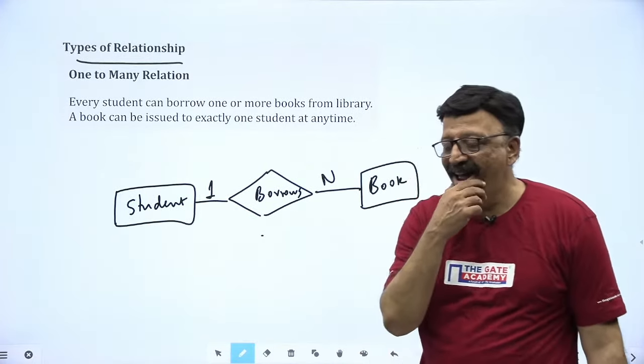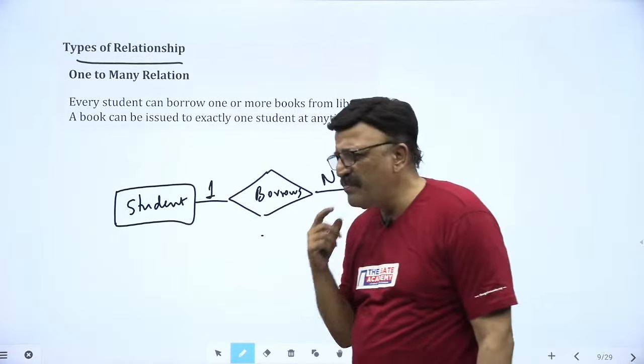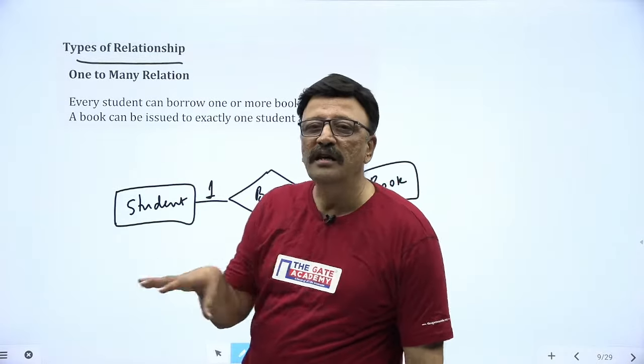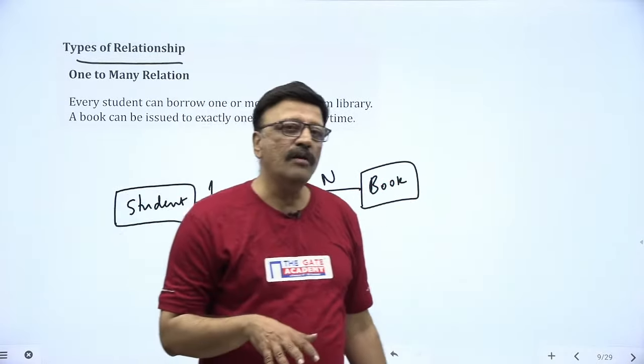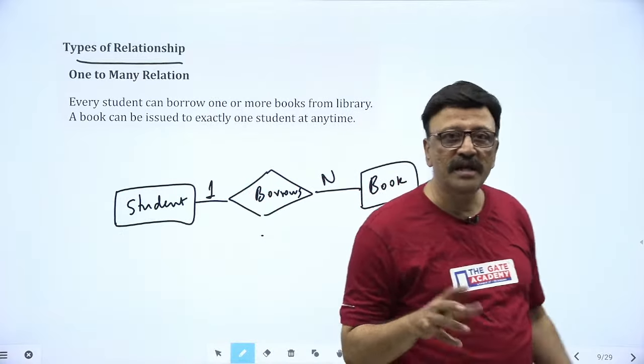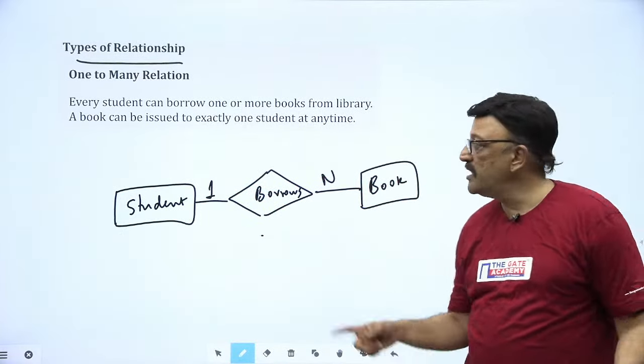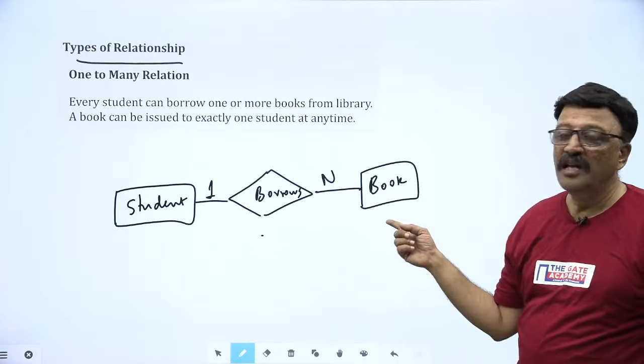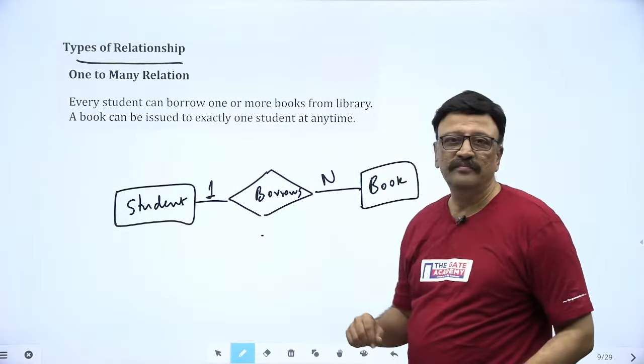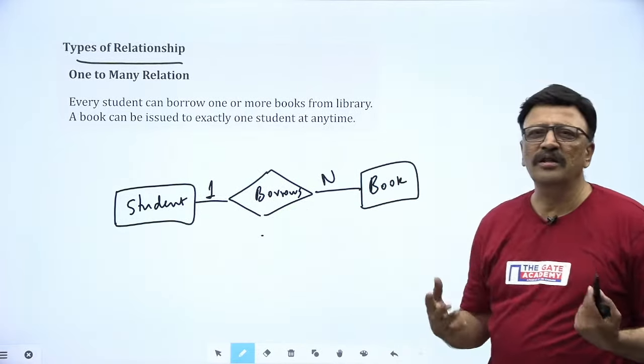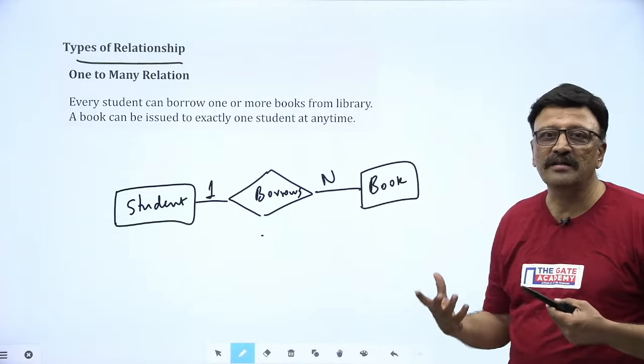Now, the things have become a bit confusing over the years, because many authors have used many notations for these cardinalities. Well, this is my favorite one, writing clearly 1 and N. But many authors have opted for their own methods.